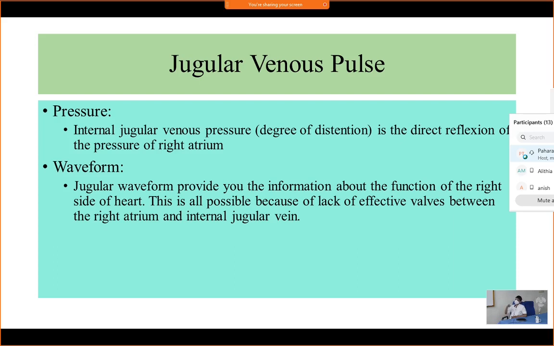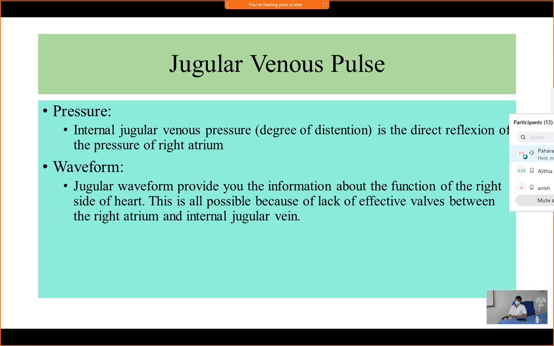And as we know, the internal jugular vein is the nearest vein, the nearest branch to the right atrium, that can be assessed from the exterior. So we get some waveform or waves in the jugular vein, and it provides information about the function of the right side of the heart.